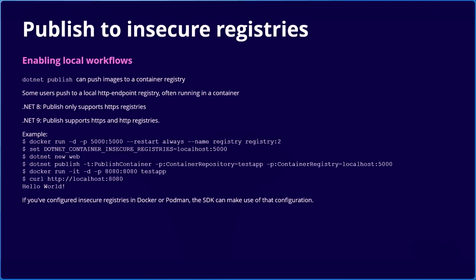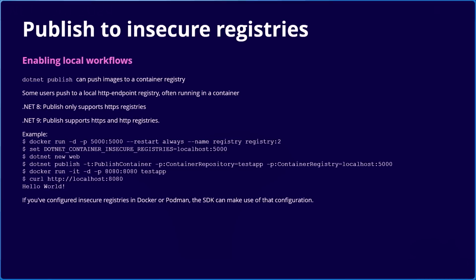I then created a new app. I published it, and I asked it to publish to localhost:5000 as test app. I then docker run the app, test app, and it goes and gets that, and I was able to then curl that app at localhost 8080, which is where I was hosting it, and it all literally worked.